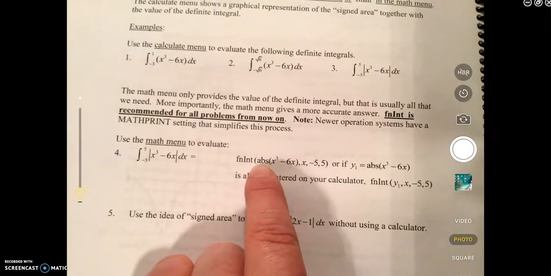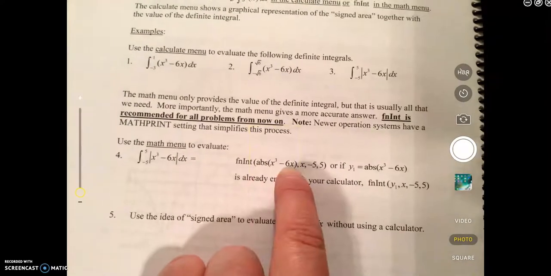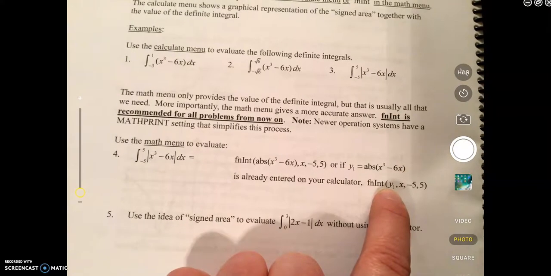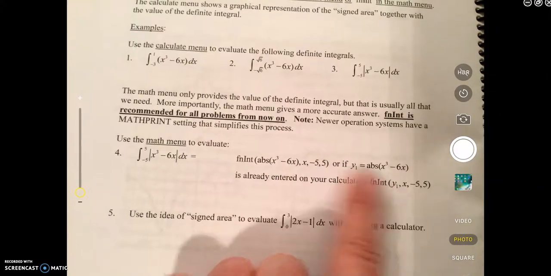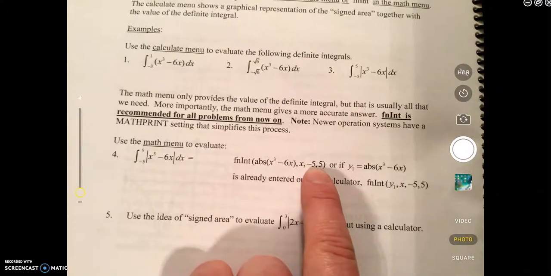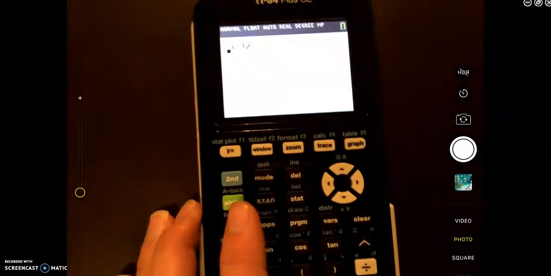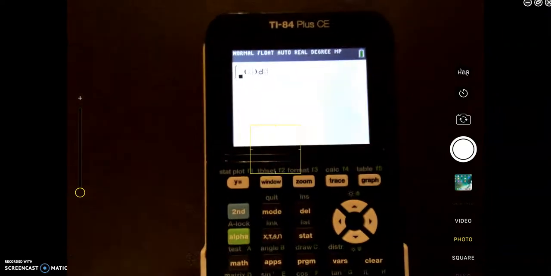In this case, you use the vars menu to get the function. But either way, function, variable, lower limit, upper limit. Because it's really not intuitive. It doesn't tell you like the other ones. But if you have the newer operating system like this one, it just shows you, and all you have to do is put those in.